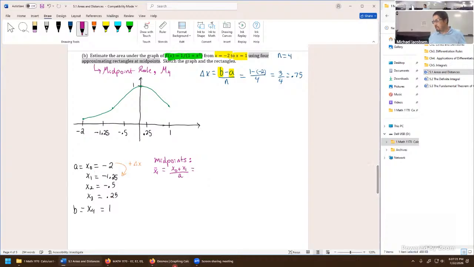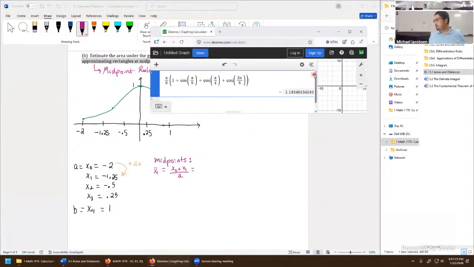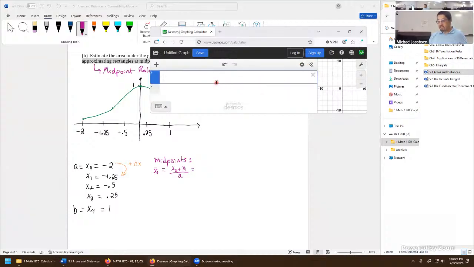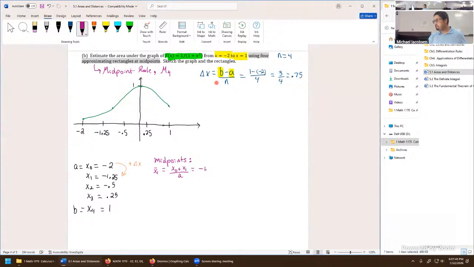Let's go and put that in the calculator. X naught is -2 plus -1.25. Not the world's most convenient numbers. Divide by 2, -1.625.